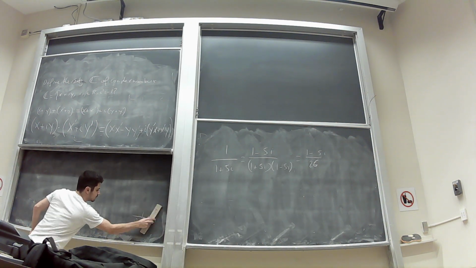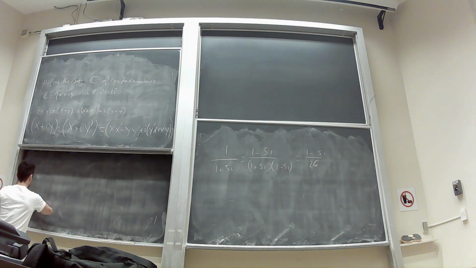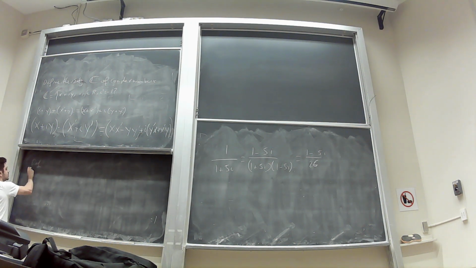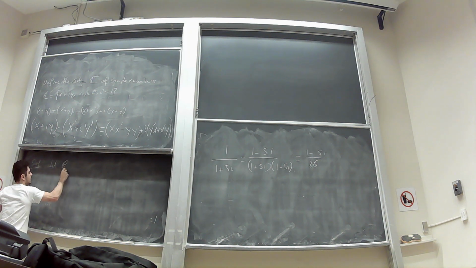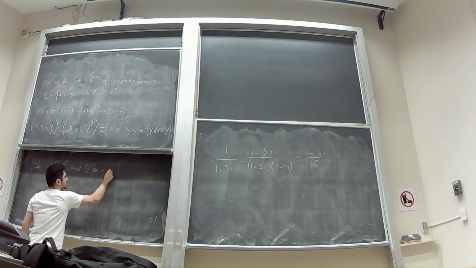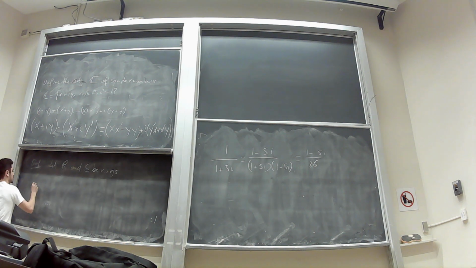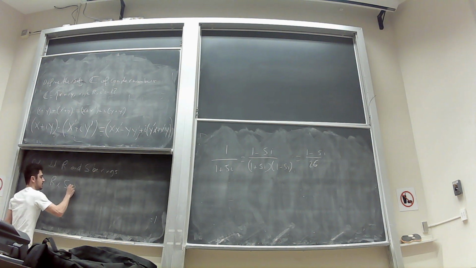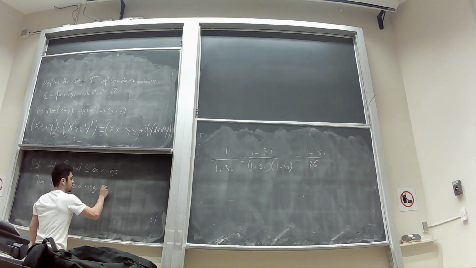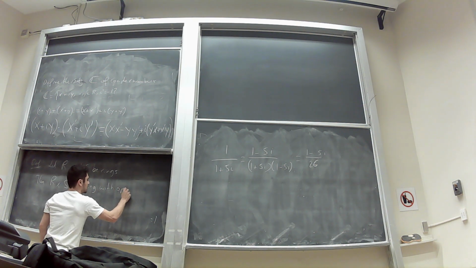Okay, now I want to talk about the product ring. Definition. Let R and S be rings. Then R cross S is a ring with operations.